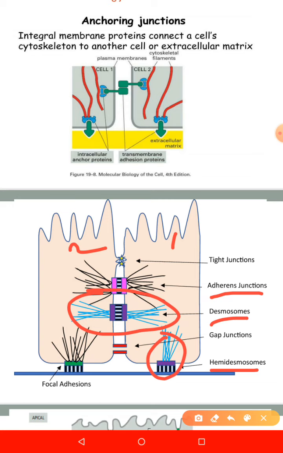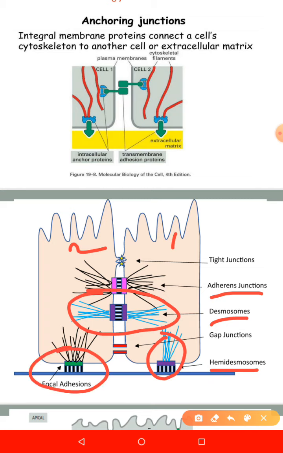They are cell-to-matrix junctions which connect the intermediate filaments of the cell to the extracellular matrix. Mostly the hemidesmosomes connect the cells with their basal lamina. These are very well explained, especially in courses such as histology. So the hemidesmosome is associated with the basal lamina; the cell is attached to the basal lamina or to the extracellular matrix.